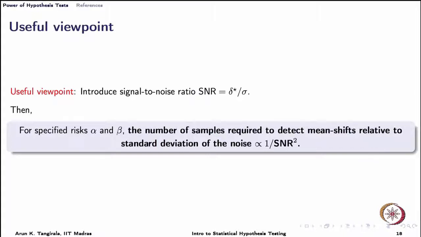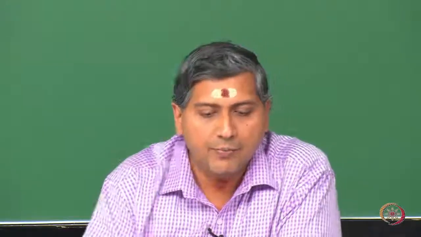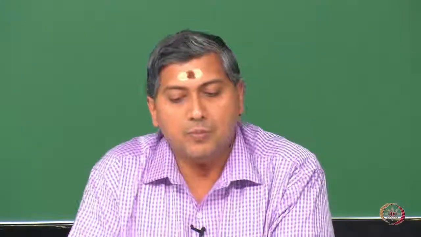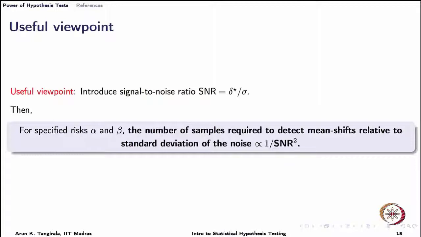So, the sample size that is required to detect mean shifts, this expression is only valid for known sigma or a specified delta by sigma. The sample size is inversely proportional to SNR square. Of course, if you were to define SNR as delta square by sigma square, then you would say it is inversely proportional to the SNR.